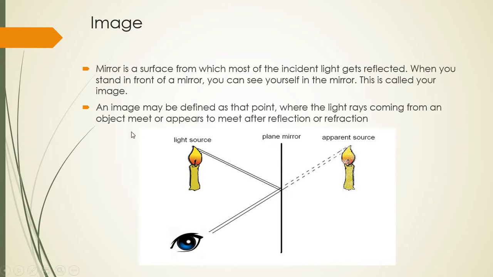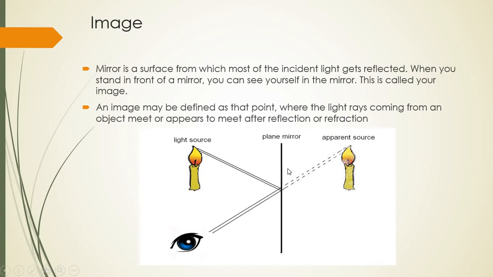So now coming to the image. The image is defined as that point where the light rays coming from an object meet or appear to meet after reflection or refraction. As you can see, this is the light source, the flame of this candle. The ray coming from this light source is known as the incident ray.